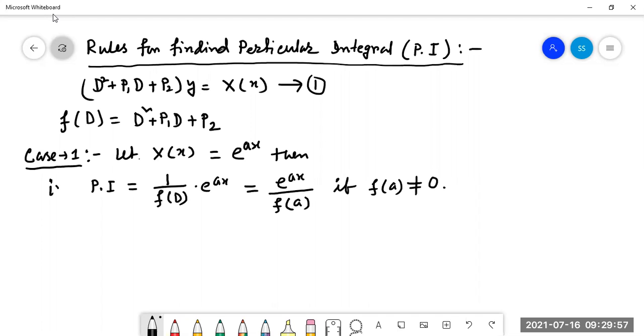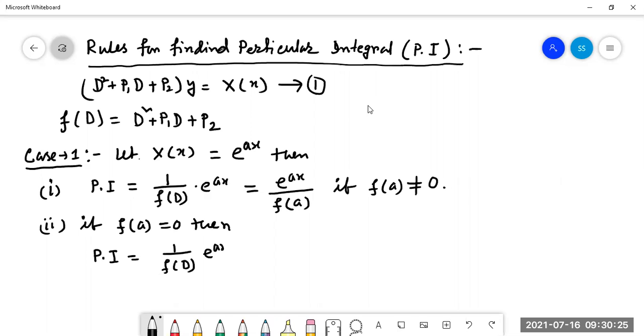Case 1, that is subcase 1. Now we are going for subcase 2. If F of a is equal to 0, then PI equals 1 by F of D into e to the power ax, equal to x into 1 by F dash D into e to the power ax.